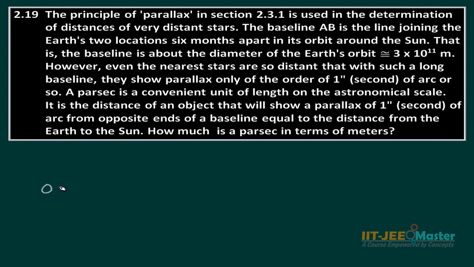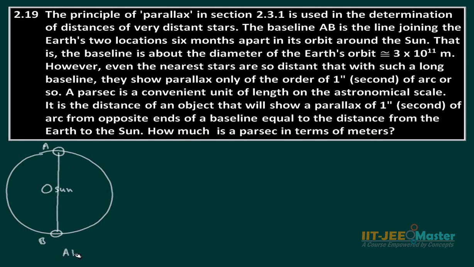Say this is the sun and this is Earth's orbit. These are two positions of Earth between these 6 months, and this is the line AB. The baseline is about the diameter of the Earth's orbit, 3 into 10 to the power 11 meter.